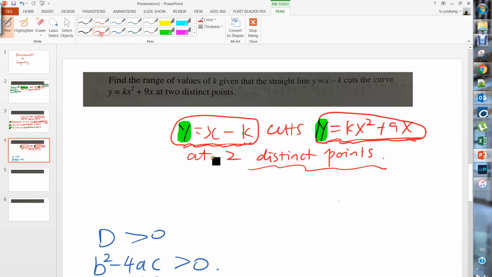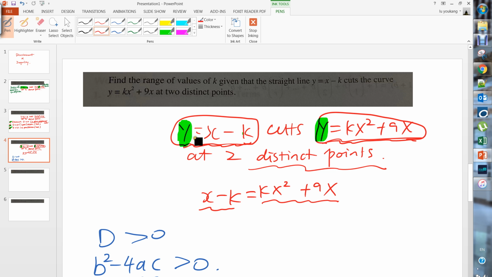So what you need to do is just equate x minus k to kx squared plus 9x. The reason is you have a y here and a y here, and these two y's mean the same thing, right? That's the reason why you can actually equate the straight line to the curve, because you are using the substitution method.